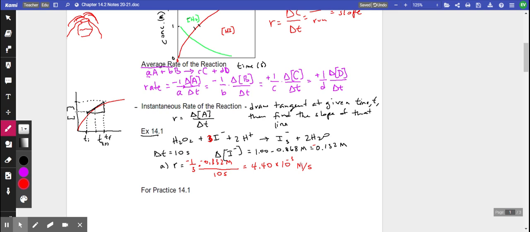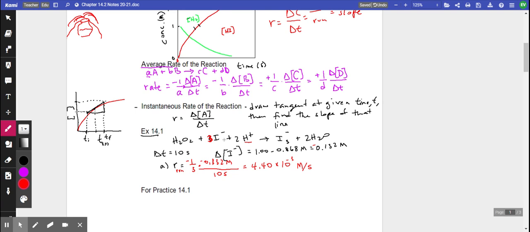Part B says determine the rate of change in the concentration of H plus. So now we're looking at H plus during this time interval. So notice that it's a 3 to 2 ratio here. What we found was the rate of the reaction regardless of those coefficients.